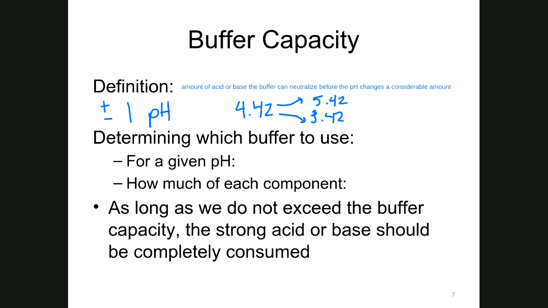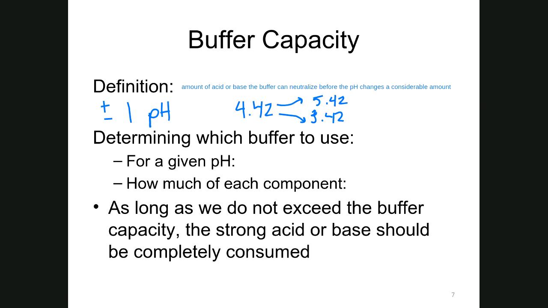So in order for us to make sure that we're staying within the buffer capacity, we need to determine how much and what type of buffer needs to be used. The way you determine the buffer that needs to be used is by looking at the pH of the solution that you're trying to make. If you want to make a pH of 5, then you need to find an acid that will give you a pH of roughly 5.